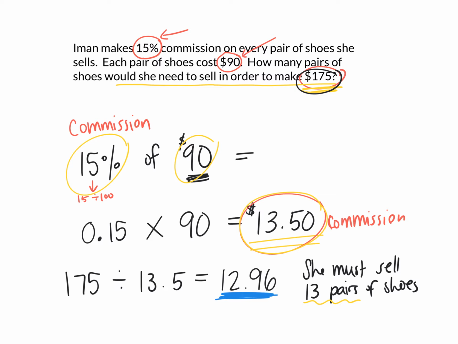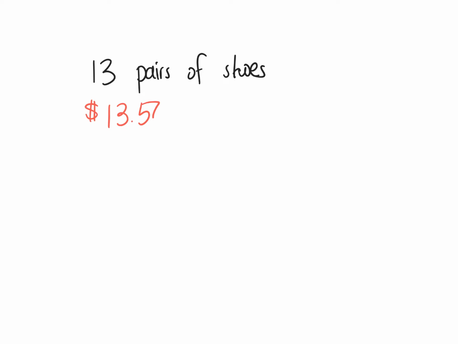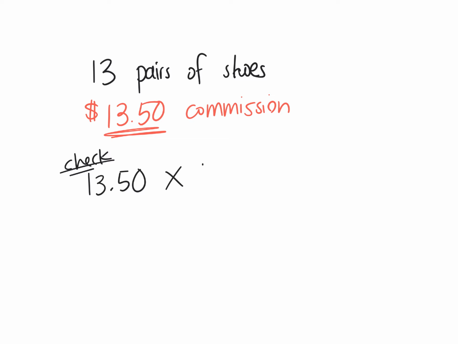And let's check our answer to see if it makes sense. Okay, so how would we check this? Well, we just figured out that she needs to sell 13 pairs of shoes, okay? And we know that originally we calculated that she's making $13.50 commission. So every time she sells shoes, she's getting $13.50. So let's check. What is 13.5 times 13?